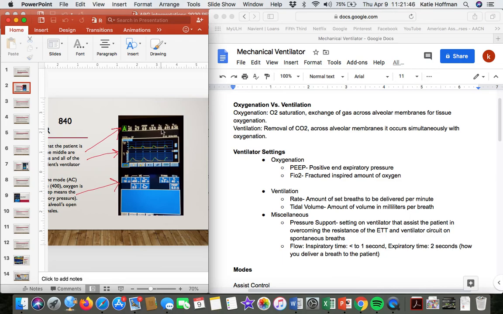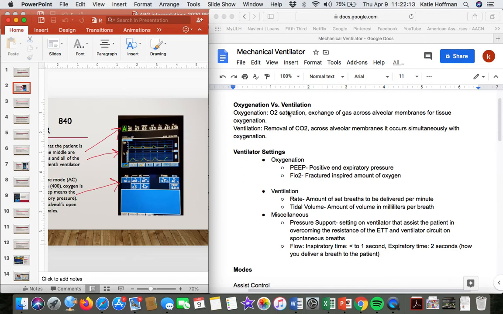So this is how many times our patient is breathing, our exhale tidal volume, our minute volume, our relative airway pressures, and our I:E ratio. You want to make sure that your exhale tidal volume is that or more of what your set tidal volume is, and then you can tell if your patient's breathing over the ventilator, see how compliant their lungs are looking at their peak airway pressures.